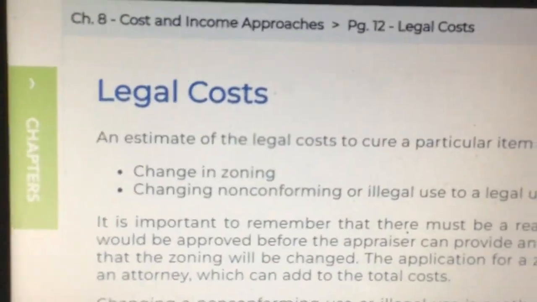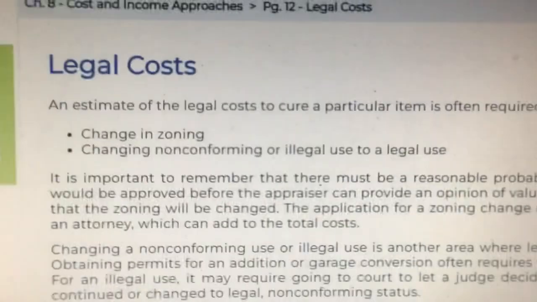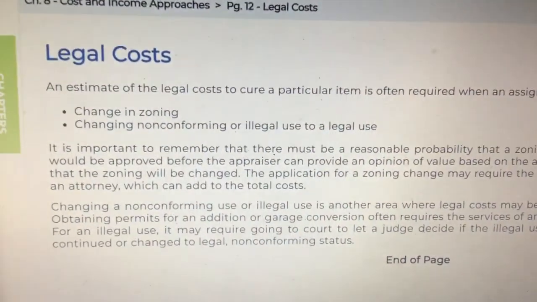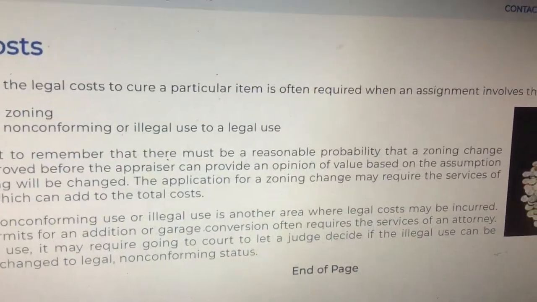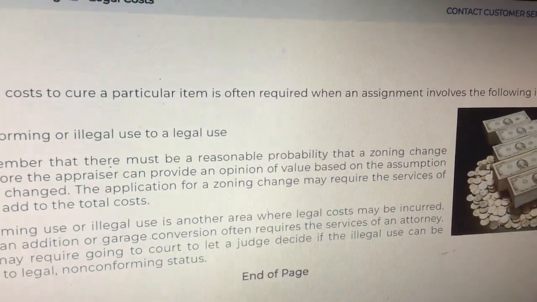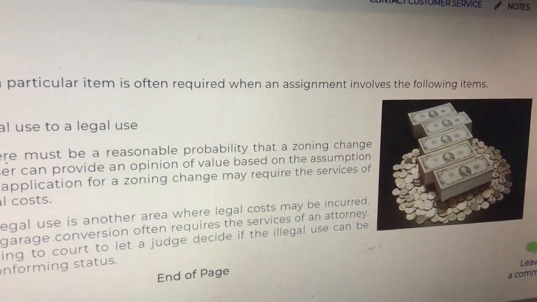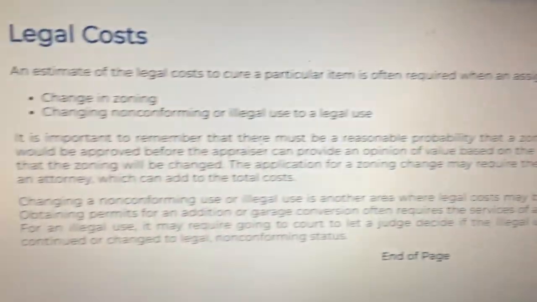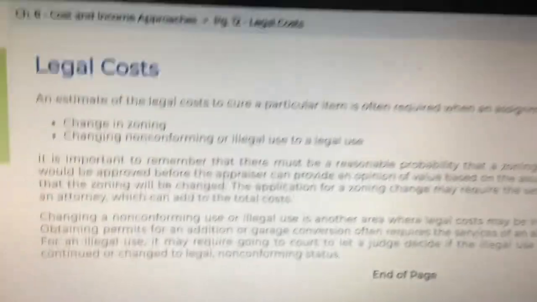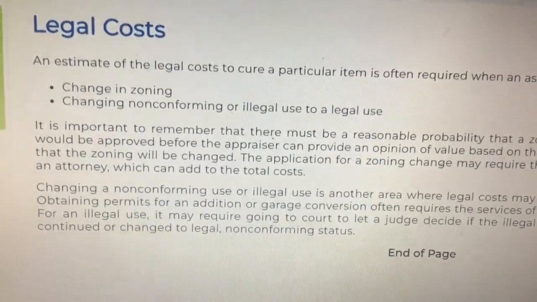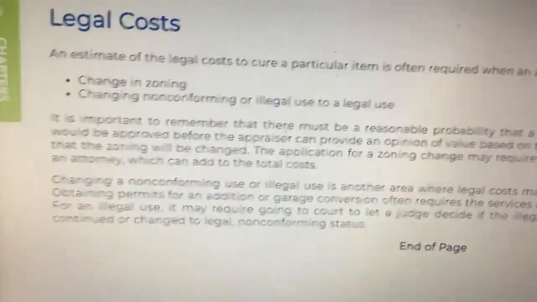Page 12, legal costs. An estimate of the legal costs to cure a particular item is often required when an assignment involves the following items: change in zoning, changing non-conforming or illegal use to a legal use.